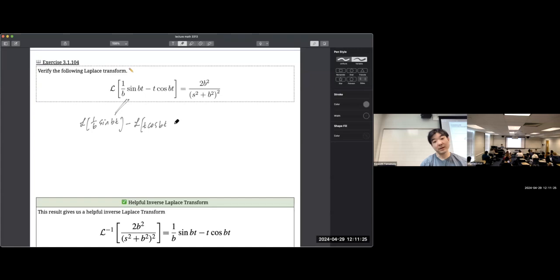This is due to linearity of integrals. And if you look at this one over b, you could pull that out because it's just a constant. The variable is t. And so you'll have this minus this one you'll have to keep.